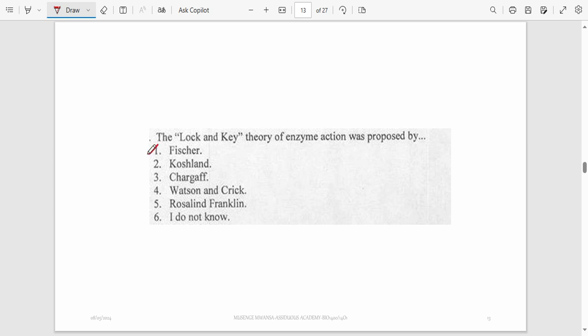Cecilia, what did you want to say? Same answer. All right, very good. And then Koshland, what theory did he propose? What theory did Koshland propose? We've already forgotten.